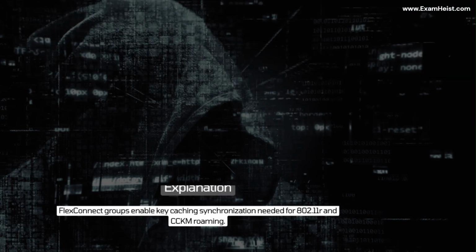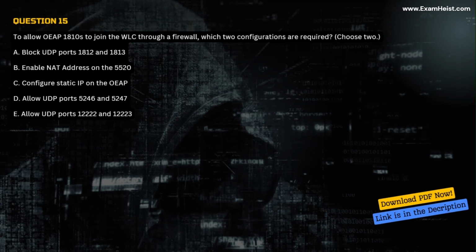Question 15. To allow OEAP 1810s to join the WLC through a firewall, which two configurations are required? Choose two. A. Block UDP ports 1812 and 1813. B. Enable NAT address on the 5520. C. Configure static IP on the OEAP. D. Allow UDP ports 5246 and 5247.